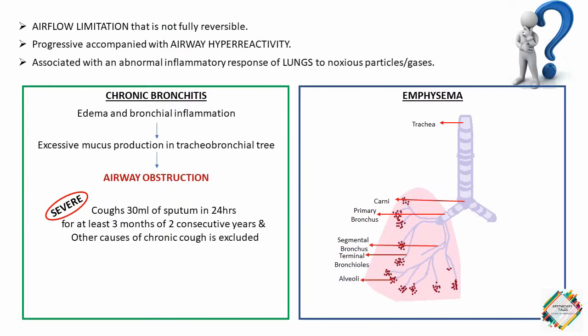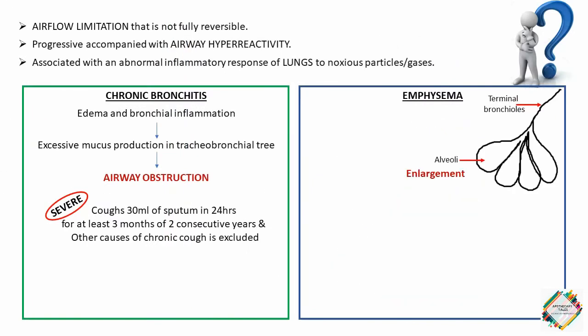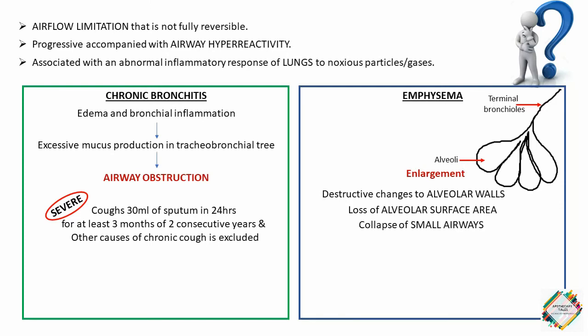In emphysema, enlargement of the alveoli distal to the terminal bronchioles occurs, along with destructive changes in the alveolar wall. The lack of uniformity in the air space enlargement causes loss of alveolar surface area, and the collapse of these small airways results in airflow limitation that is independent of exertion.